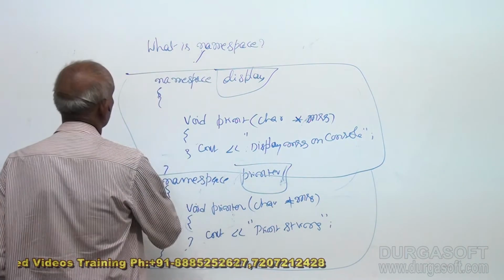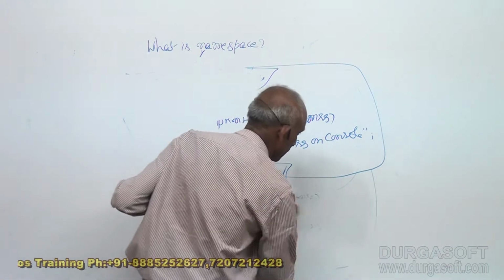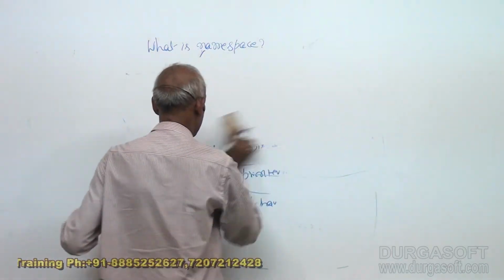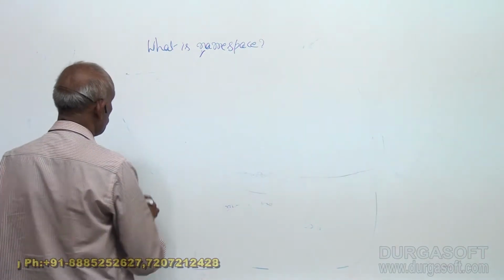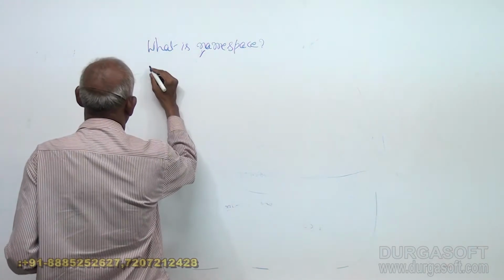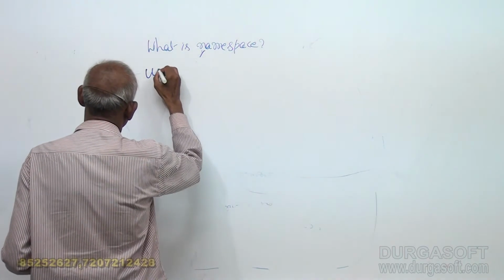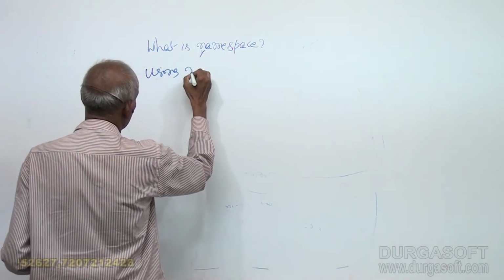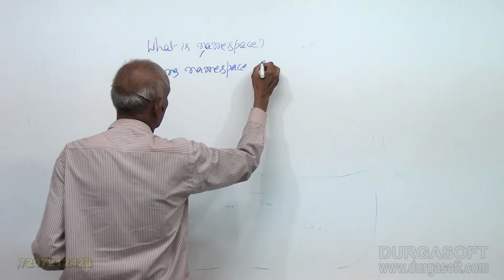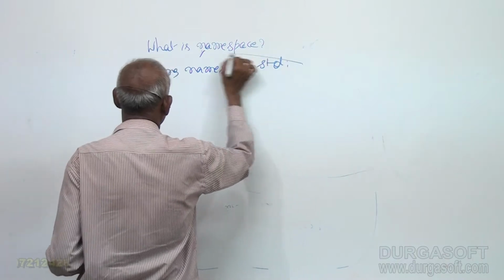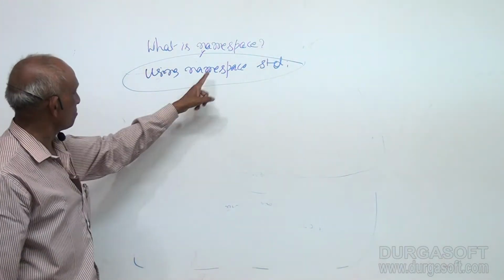Now how are they used? I think you must have come across one statement called using namespace std. This will be there in every C++ program. What is this? Using namespace std.